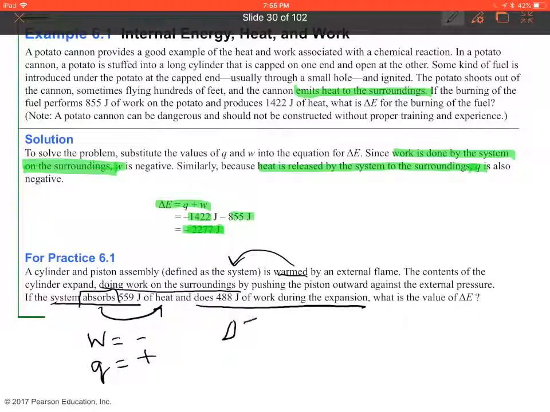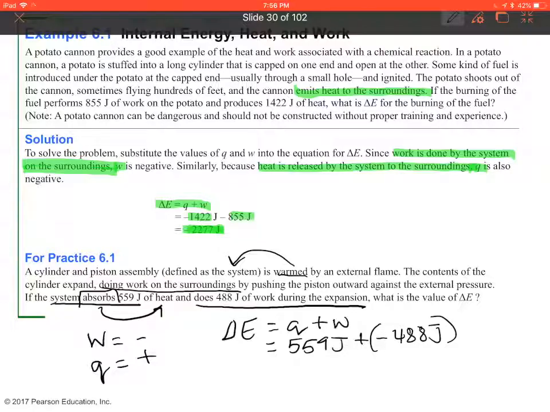Okay, so the change in energy equals Q plus W. That equals Q, which is the amount of heat absorbed, which is 559 joules, plus W, which is the work done by the system, which we know is going to be negative 488 joules. Okay, these keywords are very important.